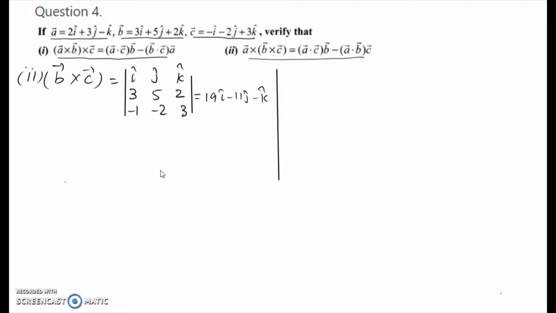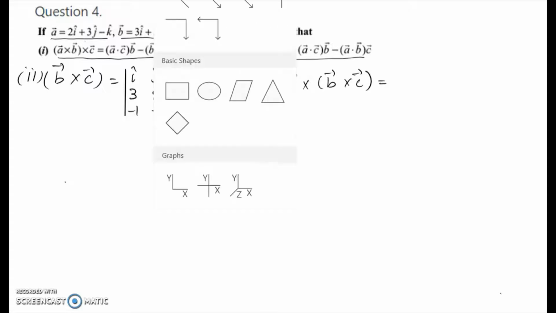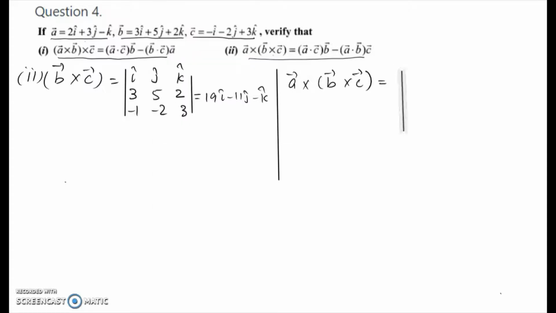Now let's do A cross product with B cross C. So that would be equal to I cap, j cap, k cap, and our A is coefficients of I, j and k will be 2, 3, minus 1, and bringing our B cross product with C here, we have 19, minus 11, minus 1.